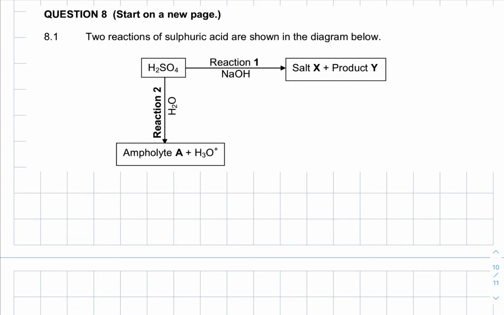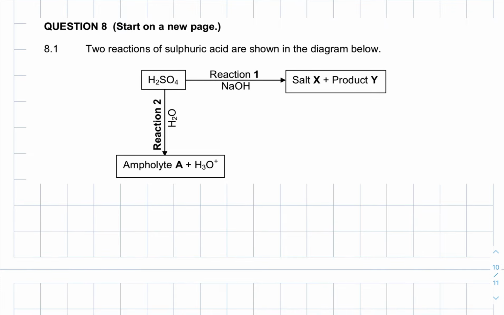8.1, two reactions of sulfuric acid are shown below in the diagram. So you can see here reaction 1 and here reaction 2.